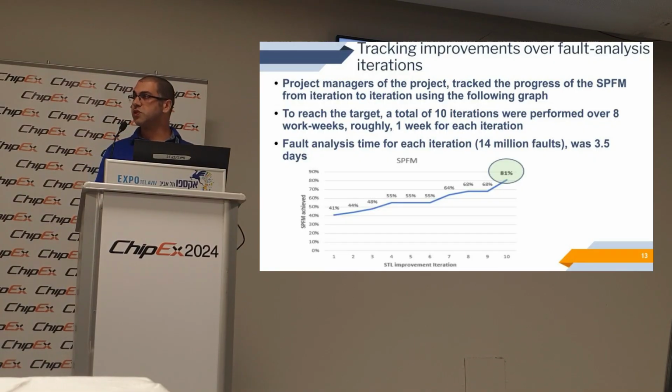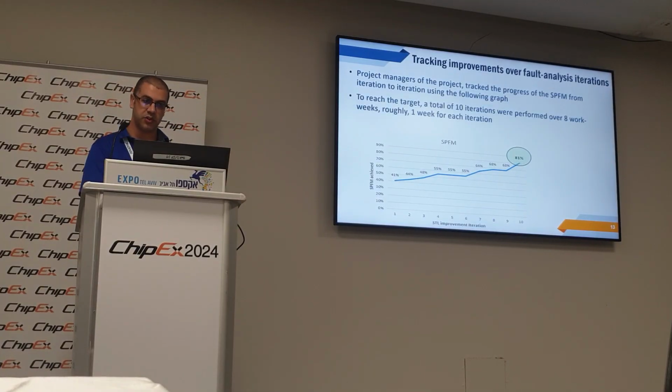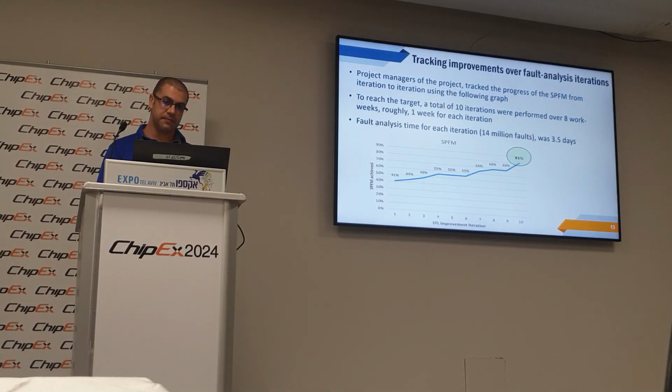The number of iterations we needed in this scenario was about 10 iterations, where we started from almost 41, 44 SPFM, and we were able to reach 81% coverage on the STL after 10 iterations, which took approximately 8 weeks, all the 10 iterations. So approximately 1 iteration per week.